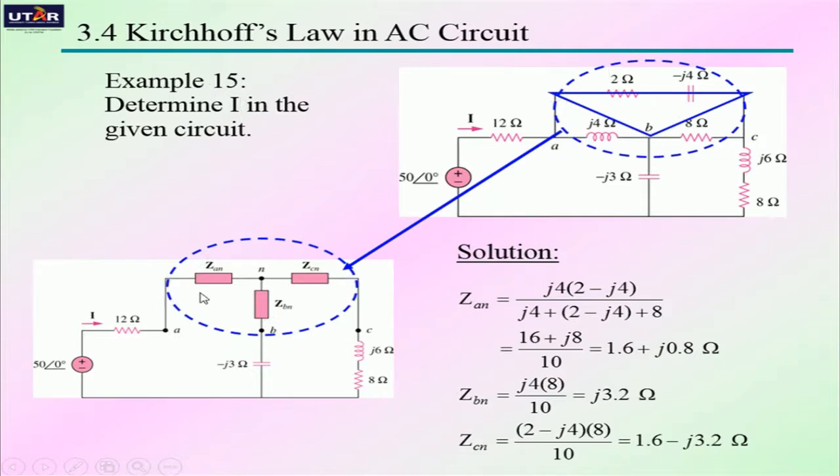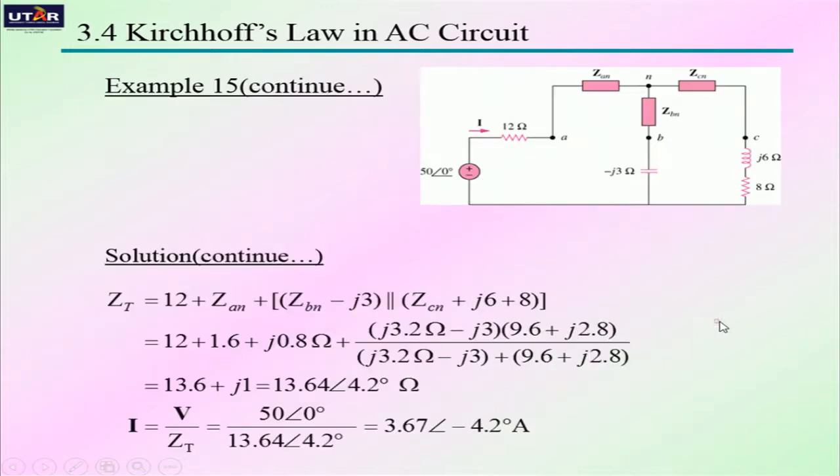After changing this circuit from Y into delta, we can merge all the impedances together, and we can see that the total impedance is 13.64 magnitude, 4.2 degree ohm. From Ohm's law, voltage divided by total impedance gives us current I, which is 3.67 magnitude, negative 4.2 degree ampere.